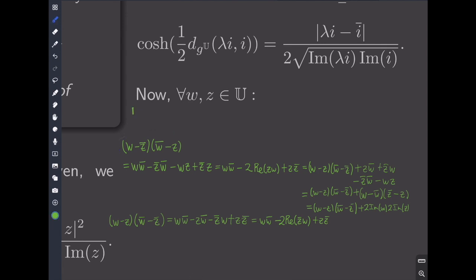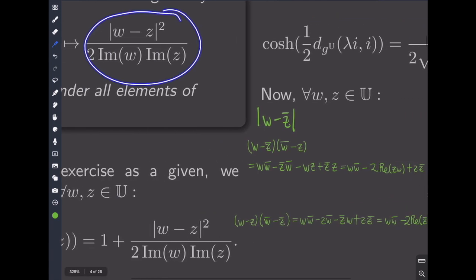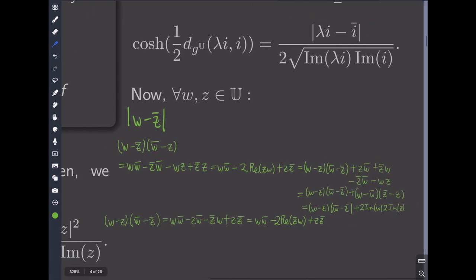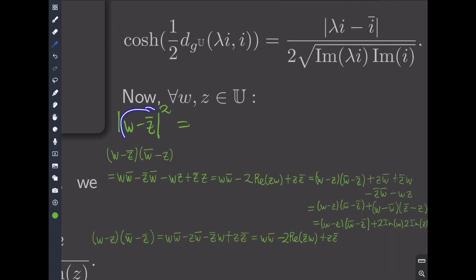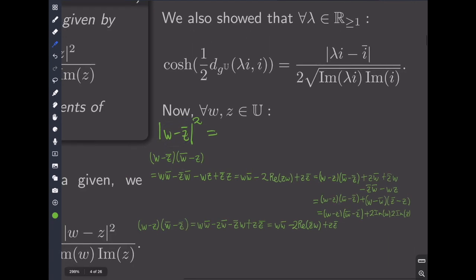We want the norm of W minus Z, this square, because that's what we want here. The idea is to compare the square of this to this quantity. So the square of this is of course this, the number times its complex conjugate, which is fully distributed here.